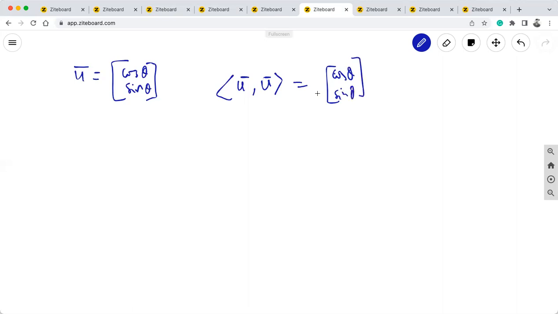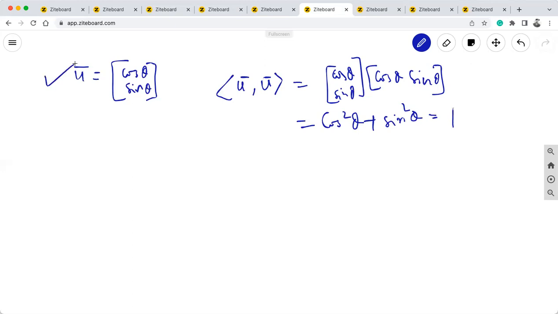Now the conjugate will be a row vector, cos theta and sin theta. If you multiply these two, you get cos square theta plus sin square theta equals 1. So this u vector is also a unit vector.